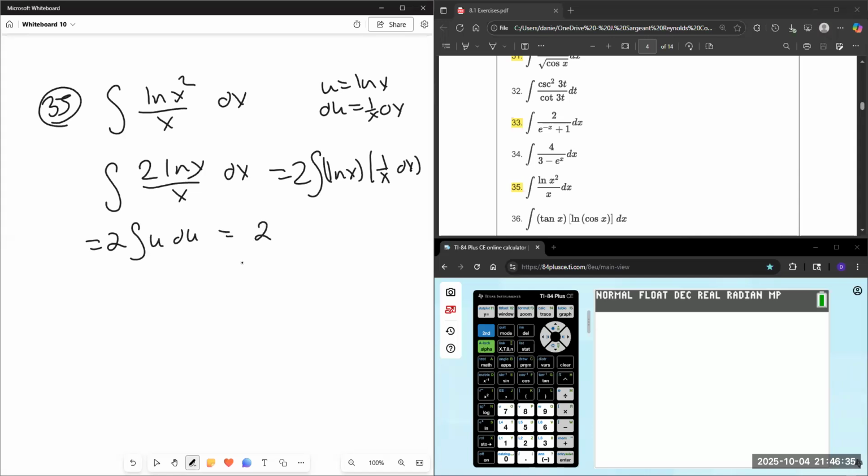It's going to be 2 times u squared over 2 plus c. The 2's will cancel, leaving me with u squared plus c, and u was ln of x.